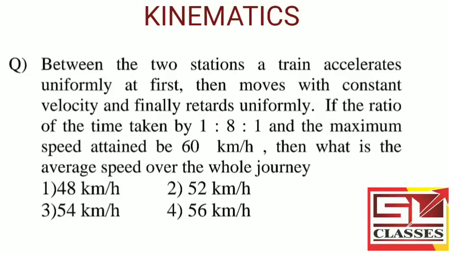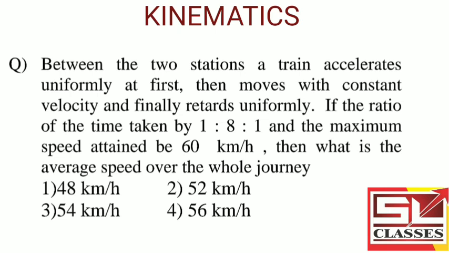I will show you the question on the screen first, then I will give you the detailed answer. So let us start with our first question. Please listen. Between two stations, a train accelerates uniformly at first, then moves with a constant velocity and finally retards uniformly.